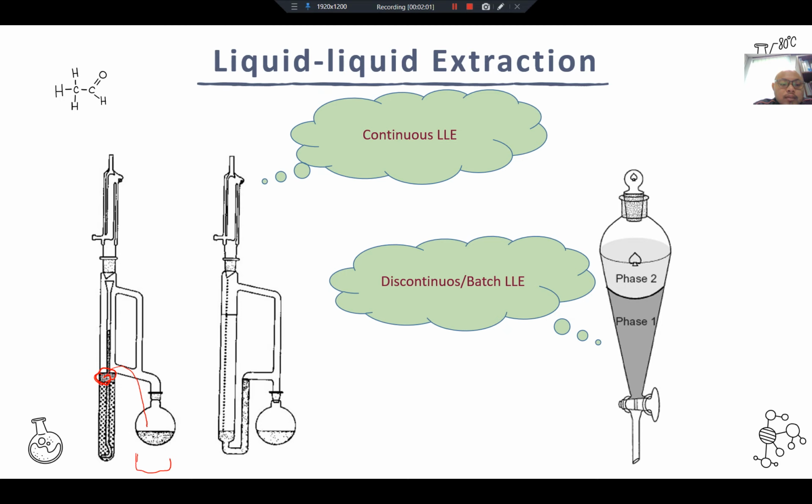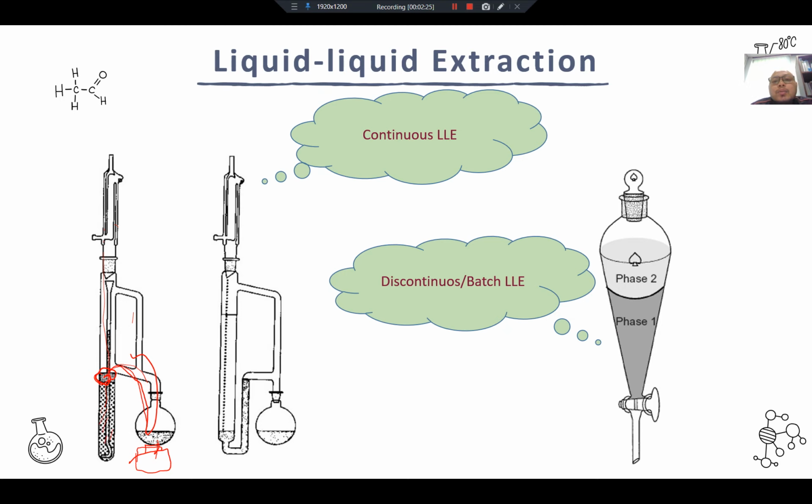Here we heat, so we keep boiling, it drips here, and then it goes again here, so it is continuous. For example, if the density of your targeted analyte is not that high, your solvent here will get concentrated over time. Your sample is inside here.